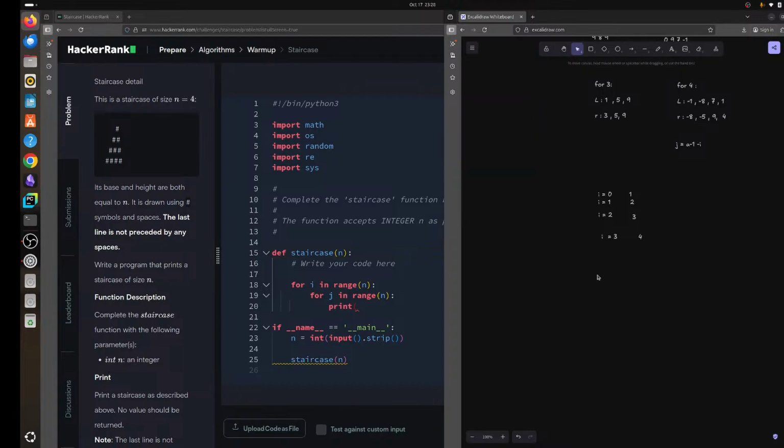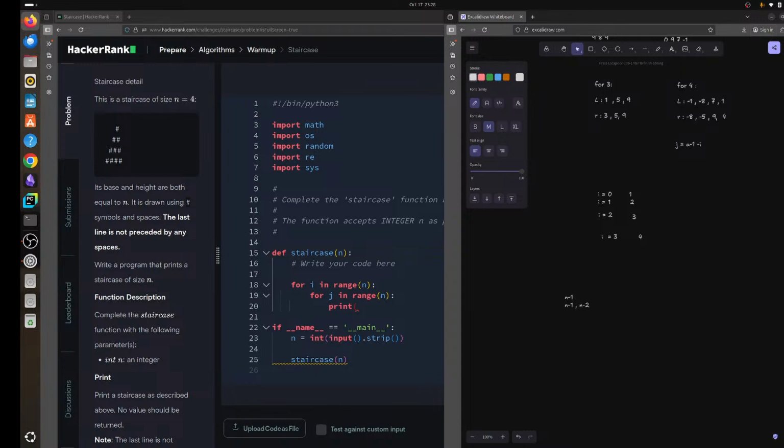And where is it printing? n minus 1. And then it is printing n minus 1, n minus 2. First it will print n minus 1, and then it will print n minus 1, n minus 2 places.